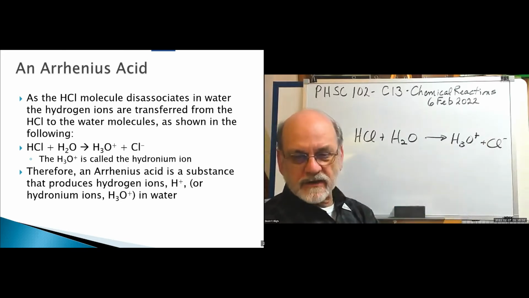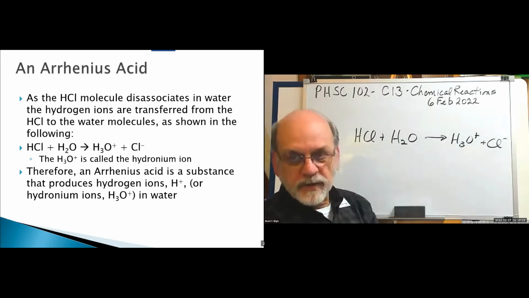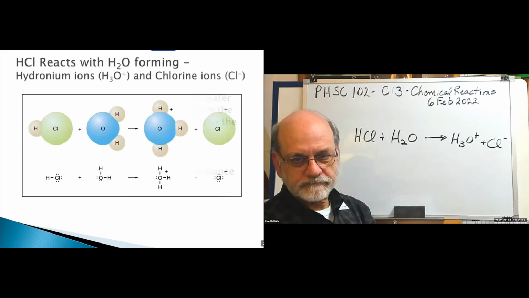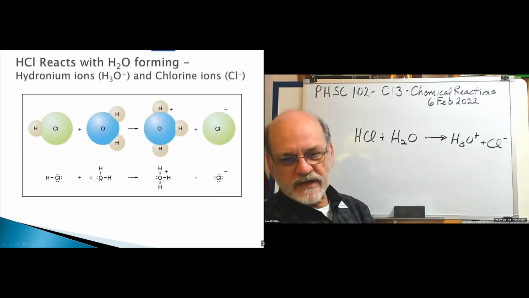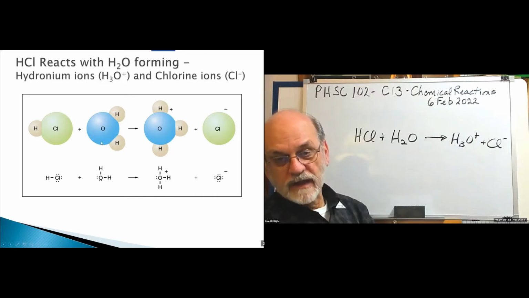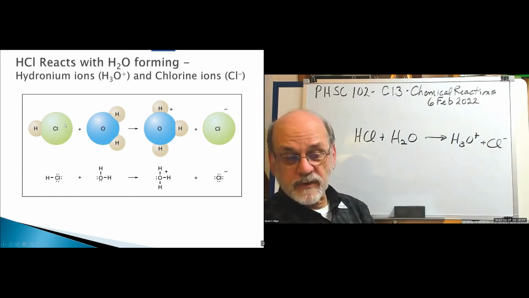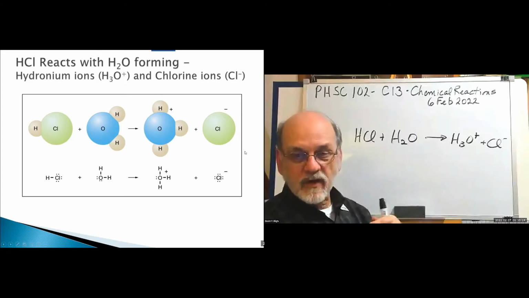But for convenience and for calculations, it's perfectly acceptable to do it that way. So this is a representation of what happens. That hydrogen is transferred to this molecule of water, and now we've got 3 hydrogens, right? But it's got a positive charge because the hydrogen had a positive charge when it combined. And the negative charge is retained by the chlorine.